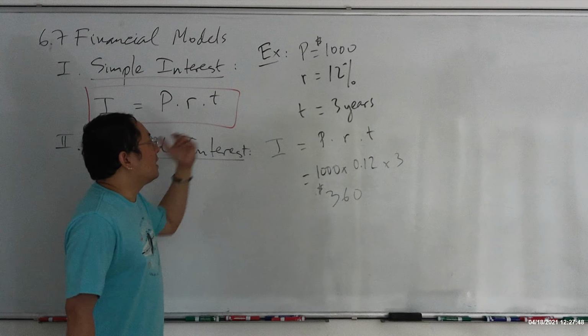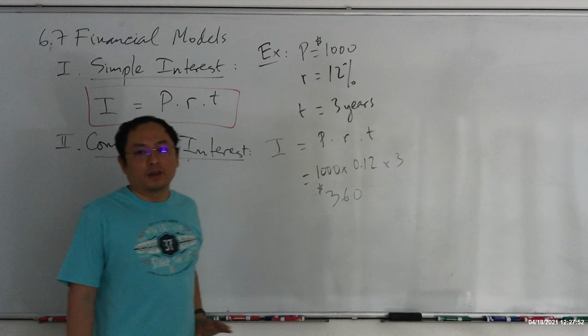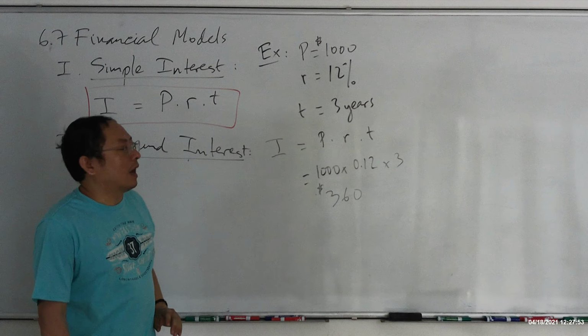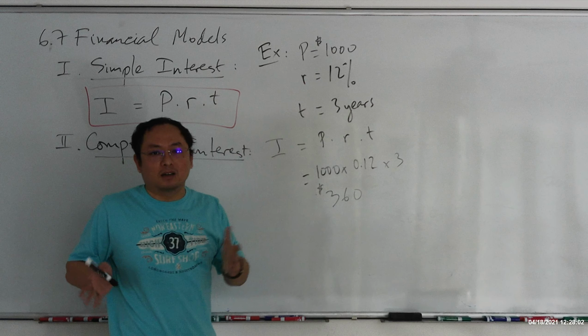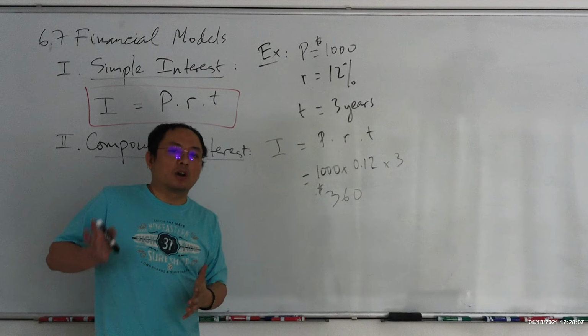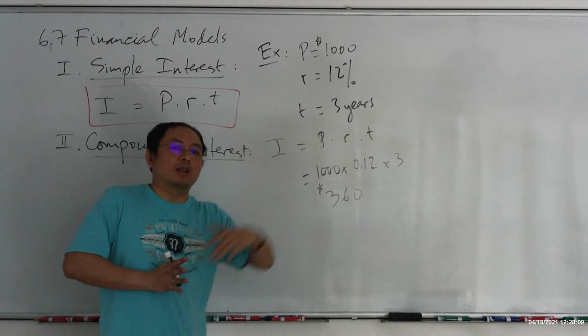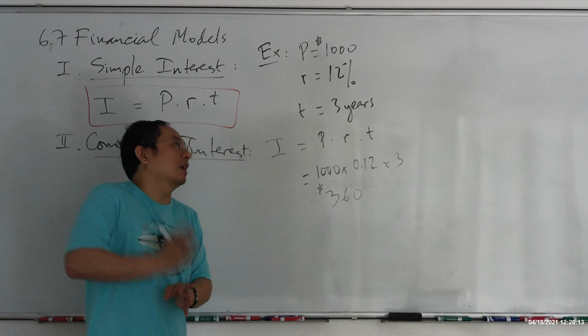Instead of having 12% a year, I want to break it up into monthly, so I want to have 1% a month, adding up to 12% a year. You know the advantage of that: say you have $1,000 and you get 1% a month. After 1 month, you earn 1% of interest instead of waiting until the end of the year to get 12% total.